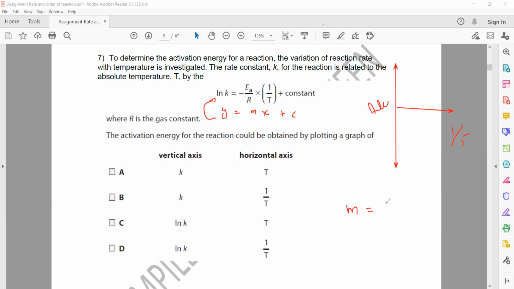The gradient will be equal to -Ea over R. So the right answer is D, because on the vertical axis it is ln k and on the horizontal axis it is 1 over T.